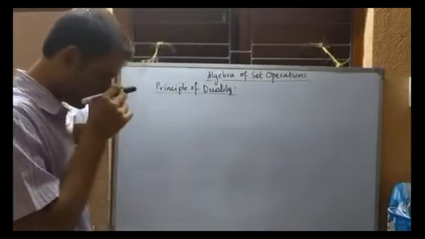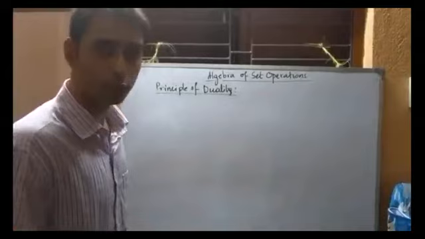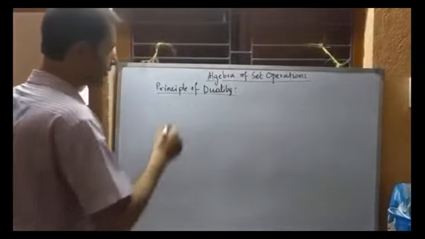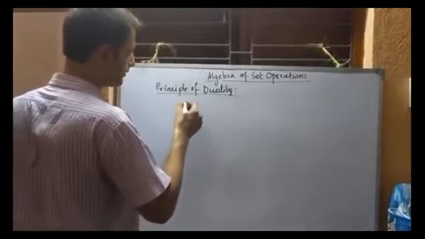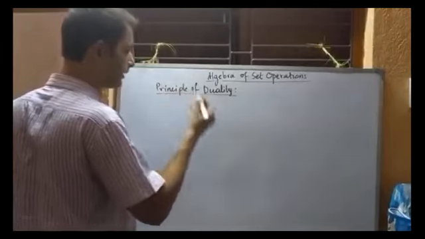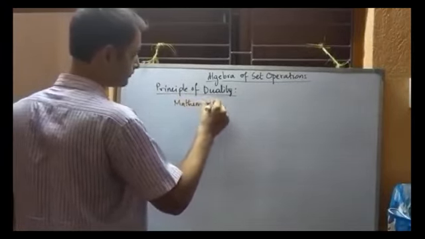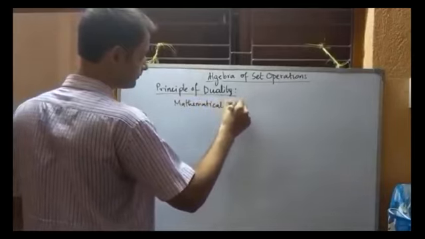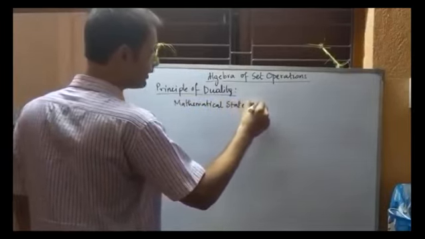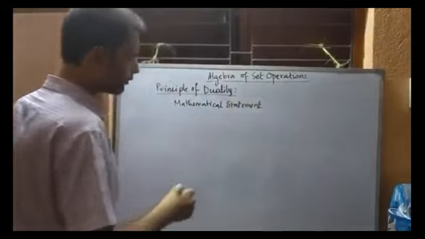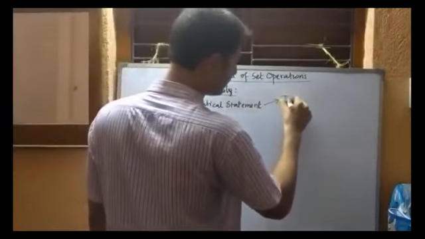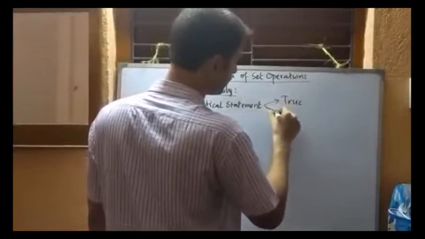It says that for any true statement, any mathematical statement or any logical statement that has only two possibilities, either it will be true or it will be false.